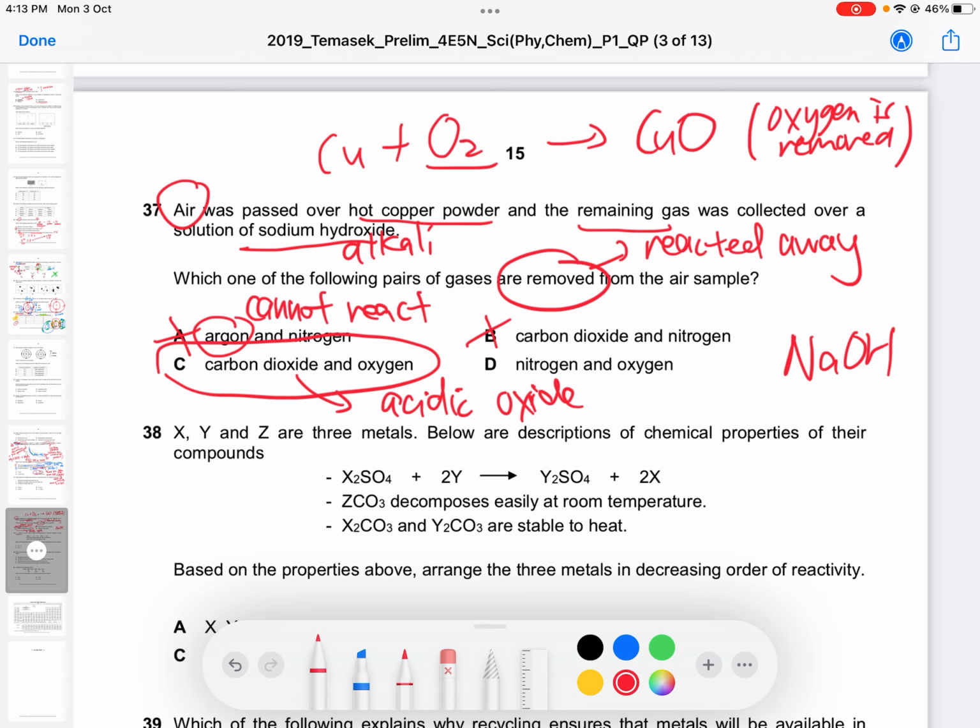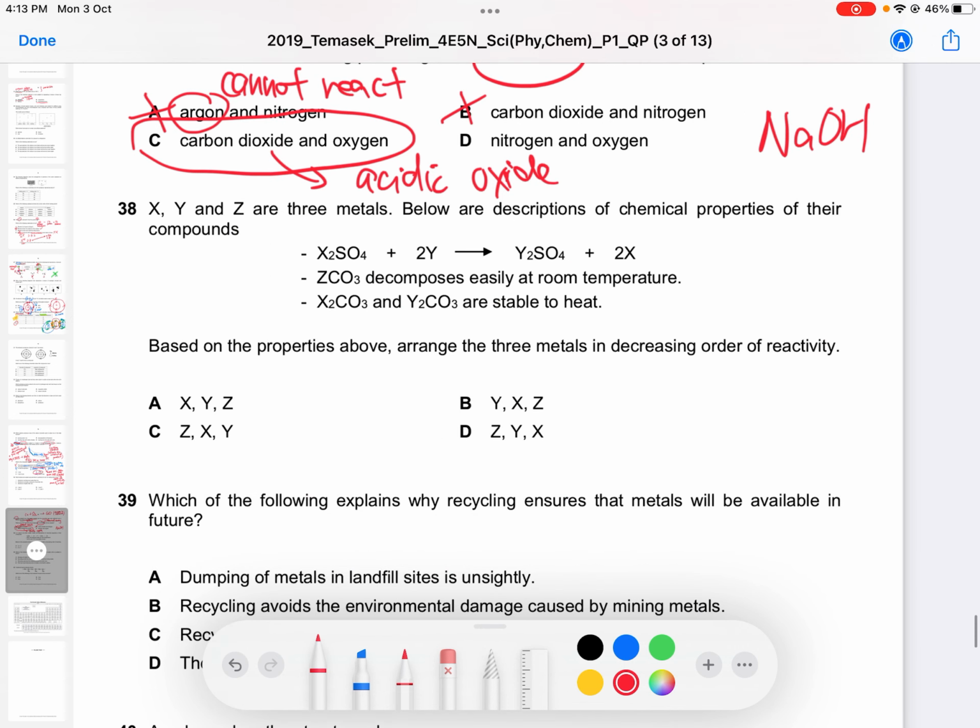Alright. Then the next question, let's take a look at the last question, which is question 38. So question 38, also put a star. Question says that you have these 3 chemical reactions in decreasing order, so most reactive metal to least reactive metal.